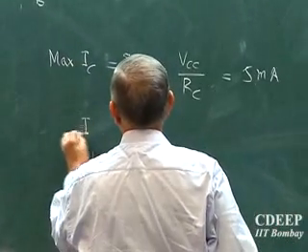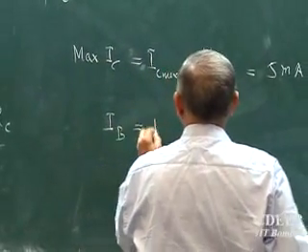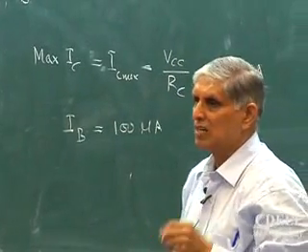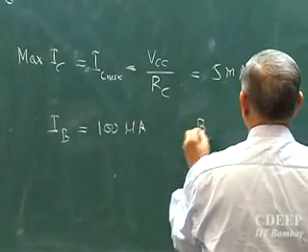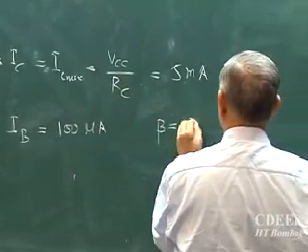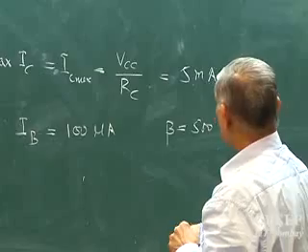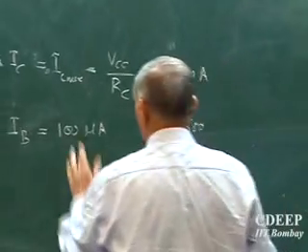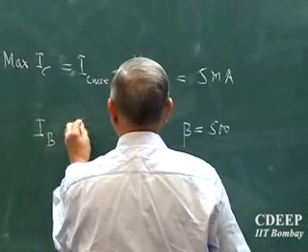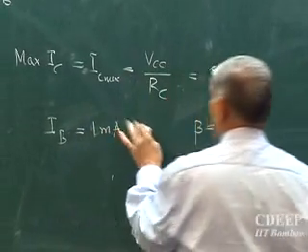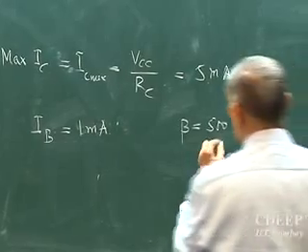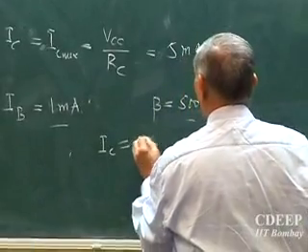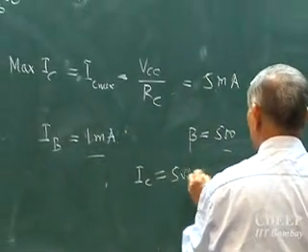However, let's say I choose some value of VBB in which I can make IBB as large as 100 microamps. Let us say beta is 500. Maybe even higher than 500, I may say 1 milliamp for the sake of a poor example. So how much should this give me? IC of 500 milliamps.